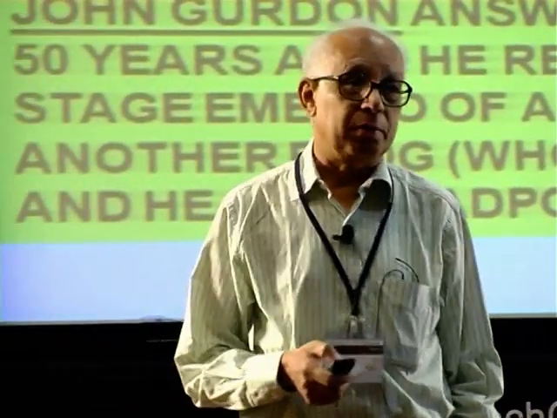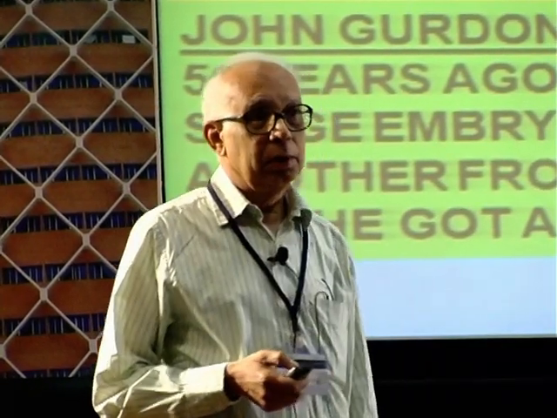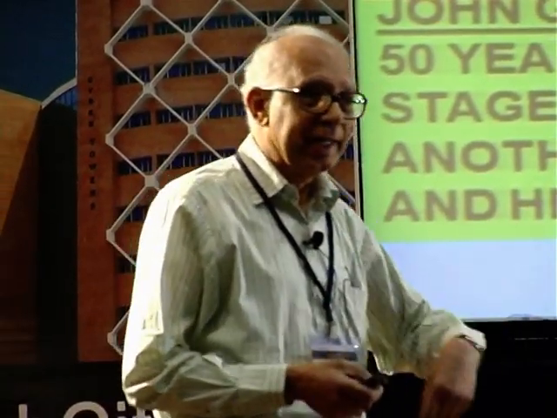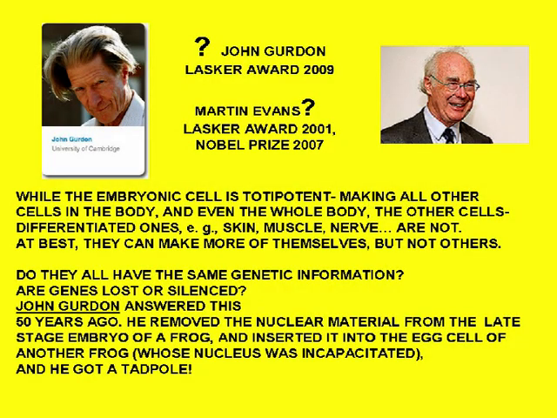He asked this question. I take a tadpole, it becomes a frog, you go on through the cycle over and over again, and the information there is identical. The genes are the same, and yet, do they all have the same information, or are genes lost or silenced as you go along in development?